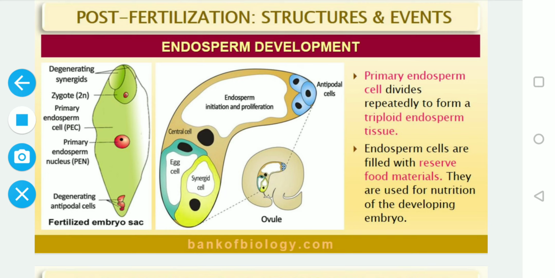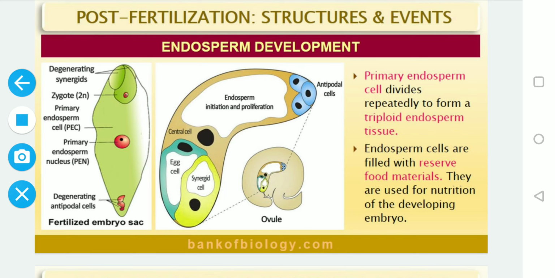Got it? Now the primary endosperm cell and the formation of the primary endosperm nucleus, and the degenerating antipodal cells are disappearing. Got it? I hope you are observing keenly.